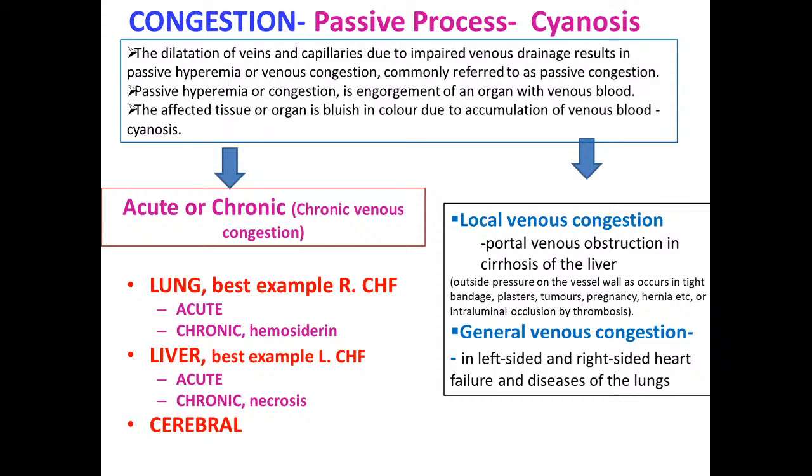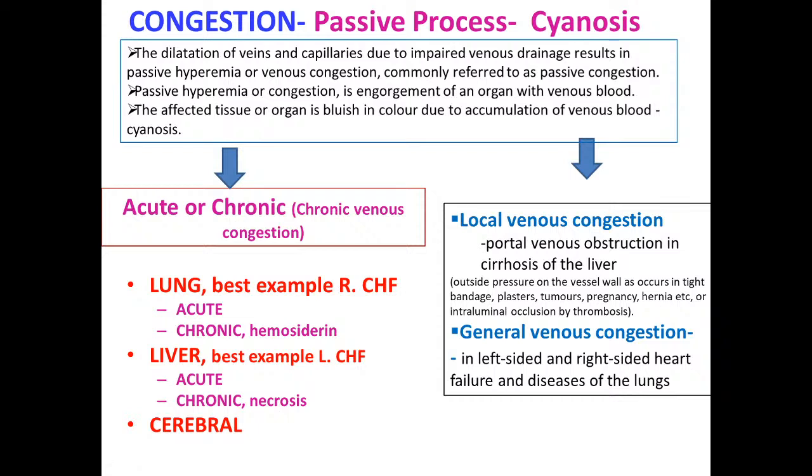Cyanosis. Acute passive congestion is clinically a consequence of acute left or right ventricular failure, and the best examples are lung and liver. Congestion may be acute or chronic, and the best examples are lung, liver, and cerebral.